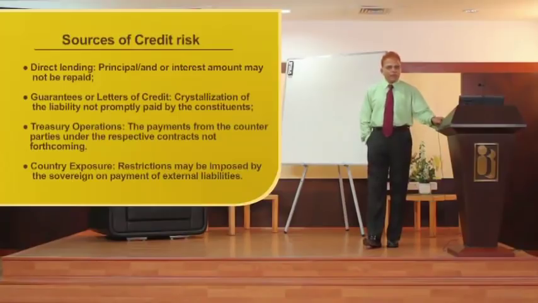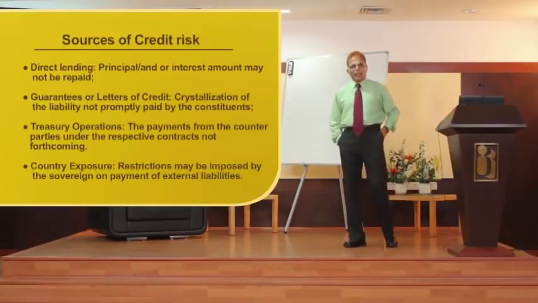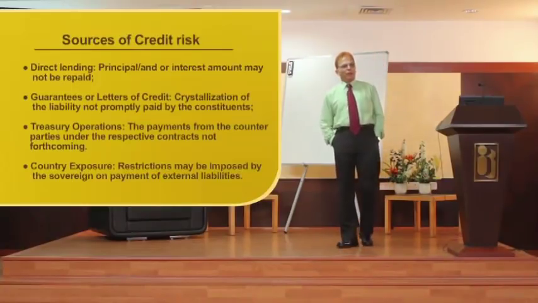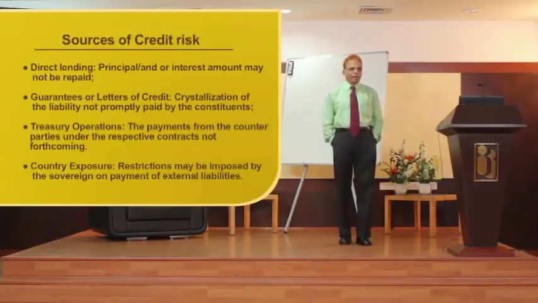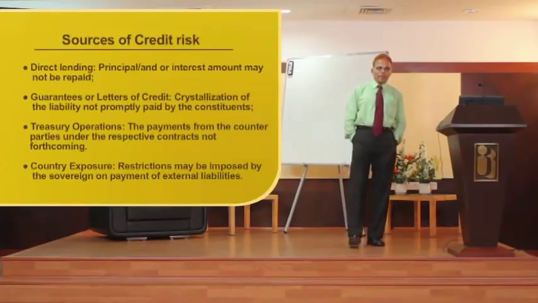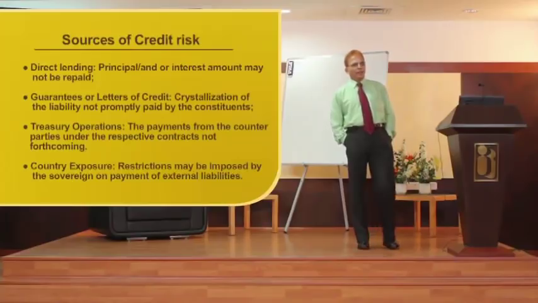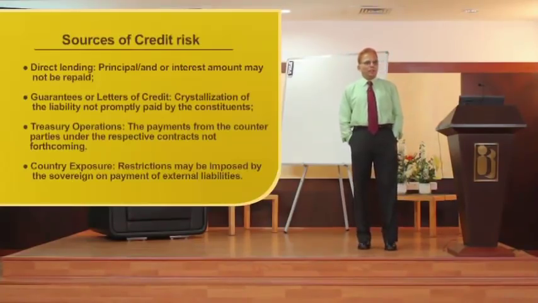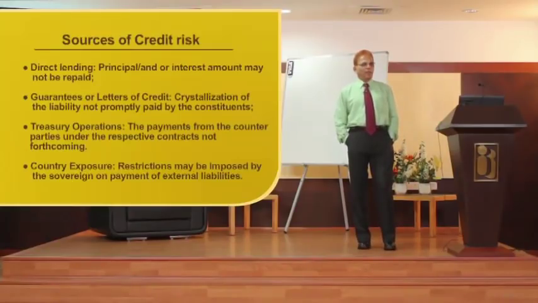Now we know that banks also issue guarantees and open letters of credit for their customers, and there could be occasions wherein the customer is not able to pay his obligation in time, and the liabilities under these guarantees and letters of credit get crystallized, so the non-fund based exposure becomes a fund-based exposure.